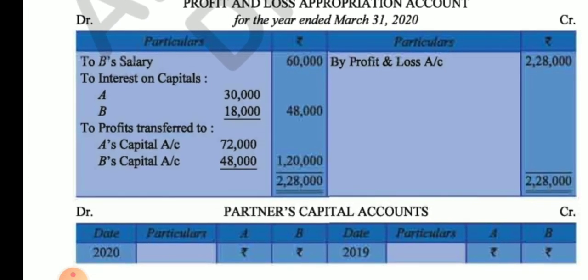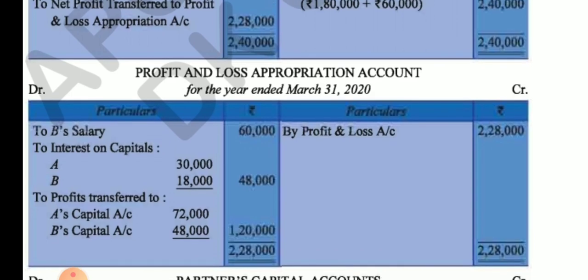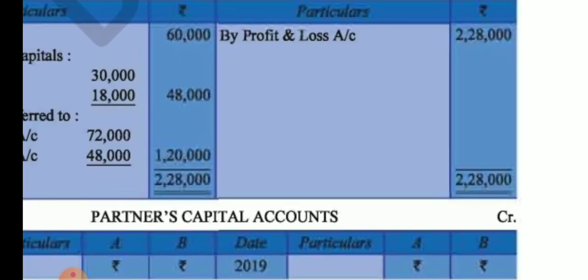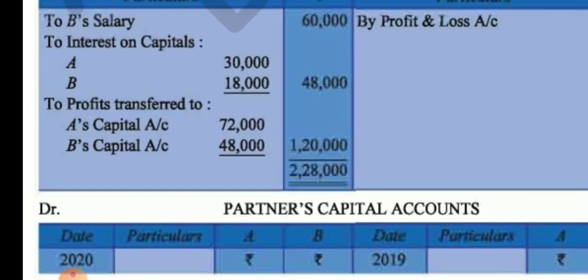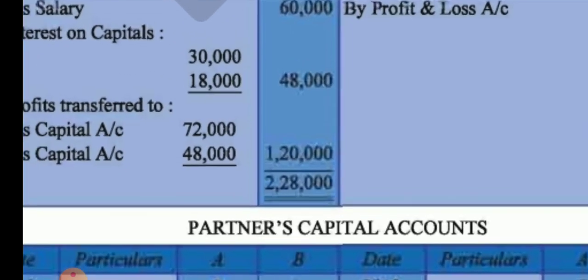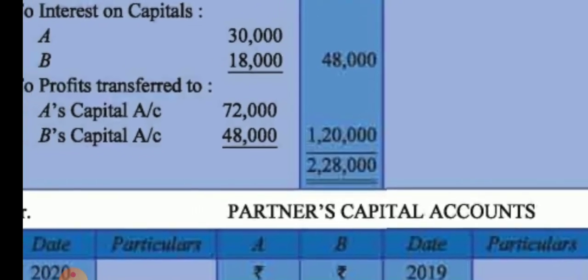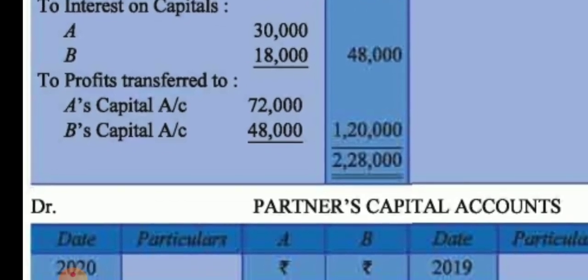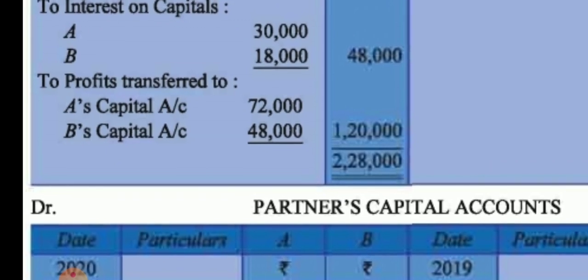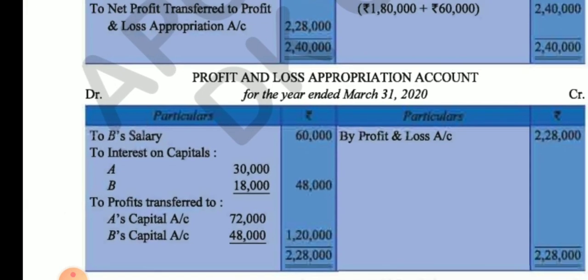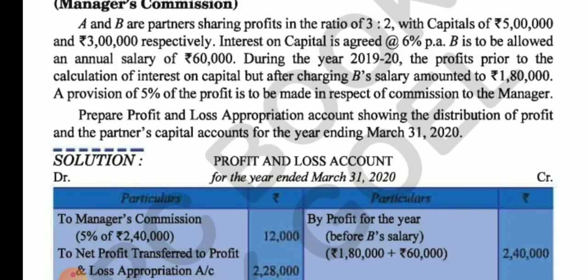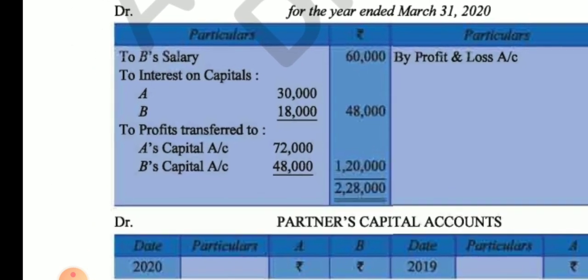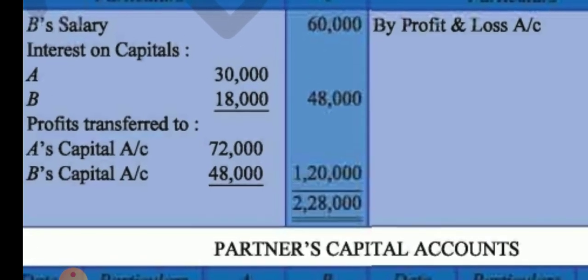Then take the difference between both sides. Credit side 2,28,000, write down on the debit side 2,28,000. Then the difference amount is 1,20,000, which will be transferred to the capital accounts in the profit sharing ratio 3:2, that is 72,000 and 48,000.